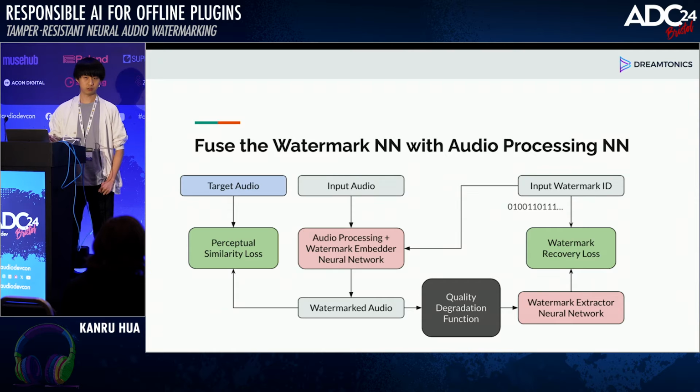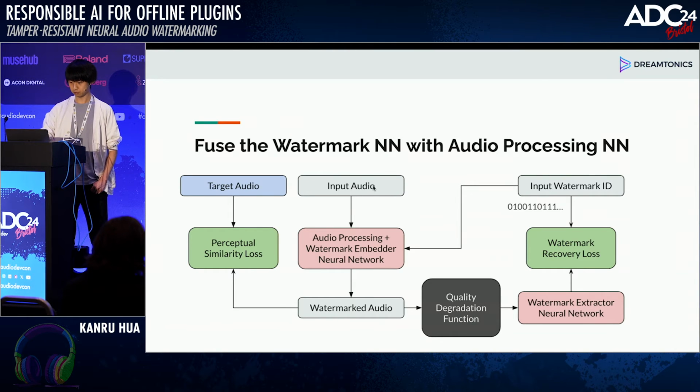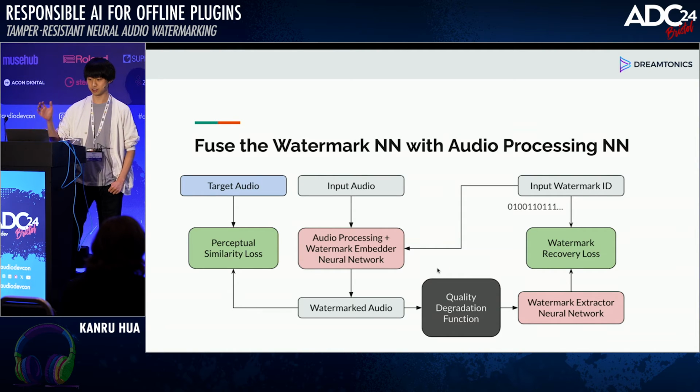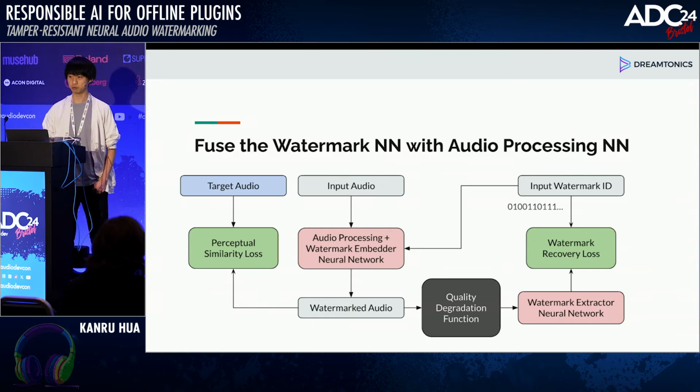And in the case you're not doing voice conversion, if you're doing vocal synthesis or text-to-speech, you just swap the input audio with the MIDI or the text and train together with the watermark extractor. To this point, it's still straightforward, and you get one giant network that does both audio generation and watermarking, making it not separable.